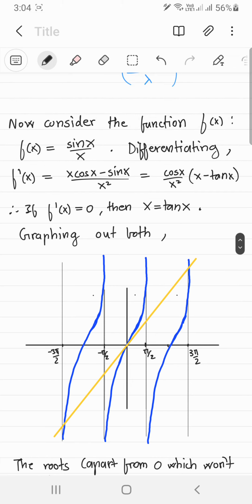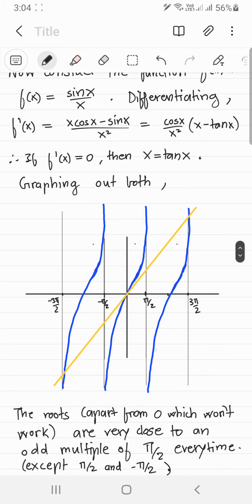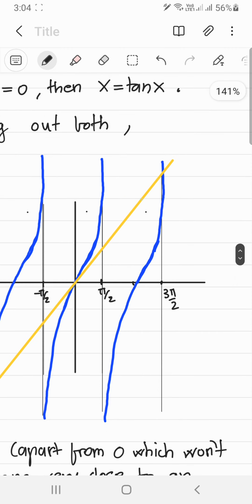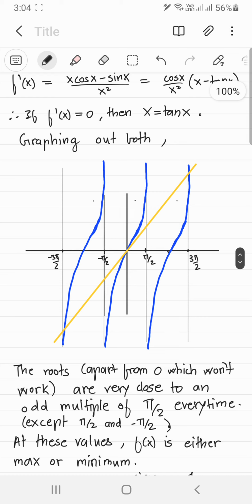Not exactly at those values, but very close to that, because this tan x goes like an asymptote over here, and it mostly lies very close to the x equal to 3 pi by 2 line. So wherever this line y equal to x will intersect with this blue curve, it will be very close to 3 pi by 2. So yeah, we know that the roots are going to be close to 3 pi by 2 and negative 3 pi by 2 and plus minus 5 pi by 2, plus minus 7 pi by 2, and so on.